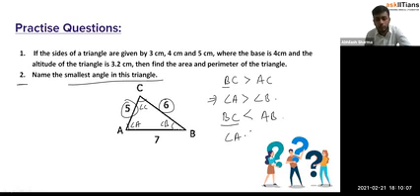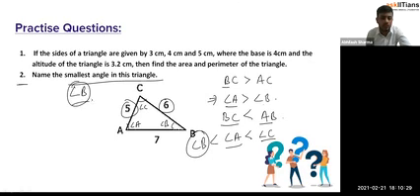Angle A will also be less than the angle opposite to AB, which is angle C. So what we are seeing is that angle C is greater than angle A, and angle A is greater than angle B. So obviously the smallest angle here is angle B only, correct? So the smallest angle would be angle B. I hope this thing is clear to everyone.